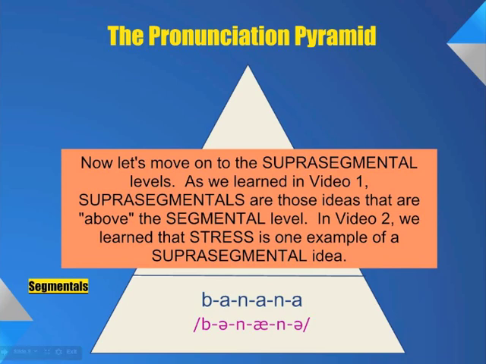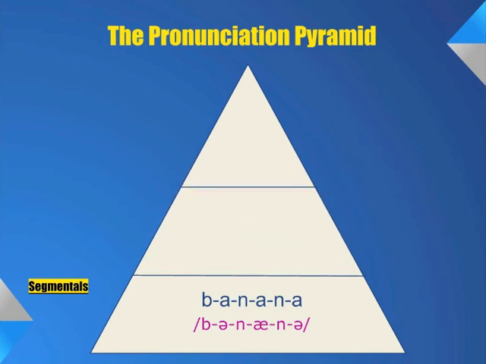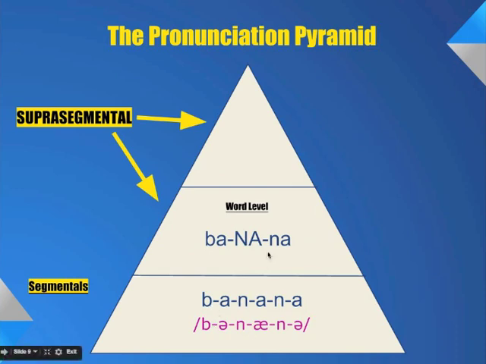Now let's move on to the suprasegmental levels. Again, as we learned in video 1, suprasegmentals are those ideas that are above the segmental level. In video 2, we learned that stress is one example of a suprasegmental idea. So as we will demonstrate first at the word level, we then combine the sounds to represent syllables.